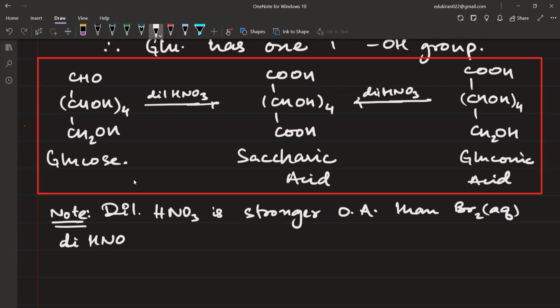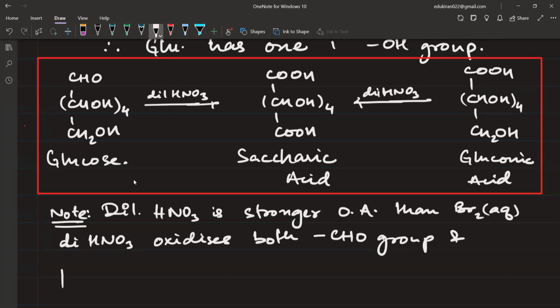Dilute HNO3 oxidizes both CHO group and primary OH group to COOH.